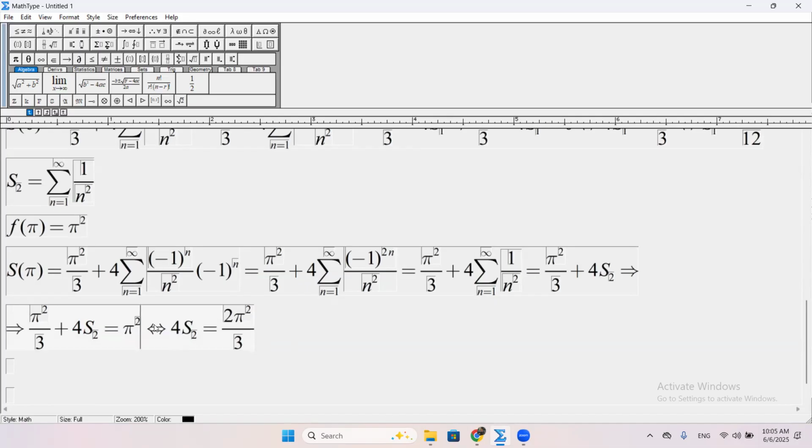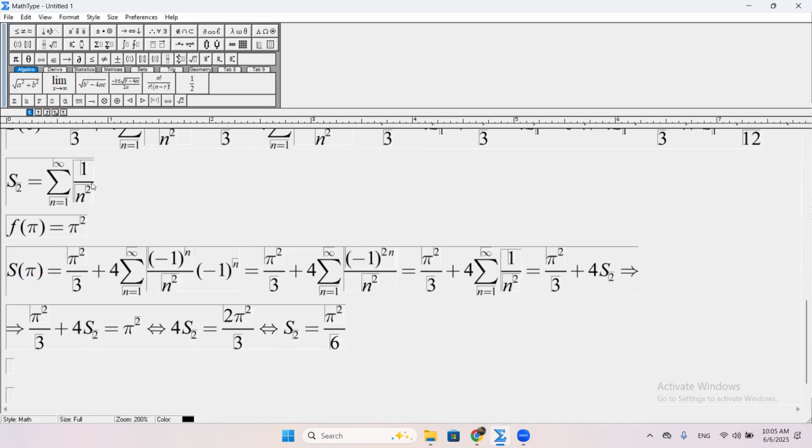And then S2 will be equal to p square over 6. So that's the sum of the numerical series that we received.